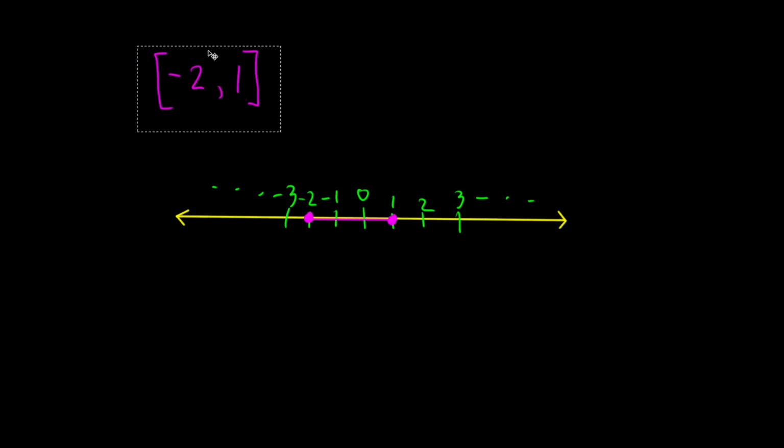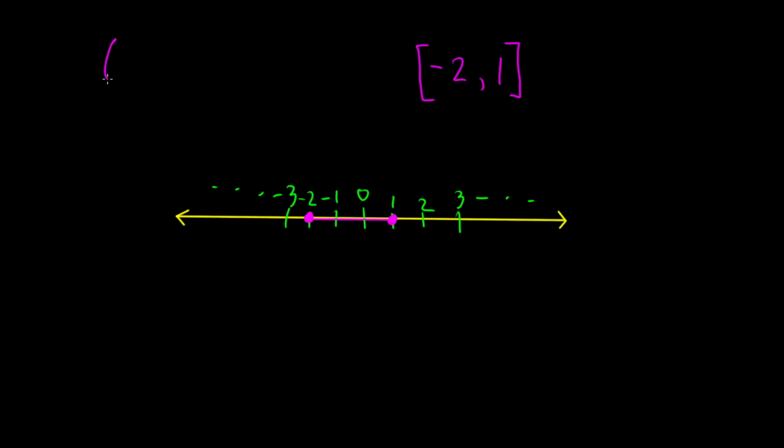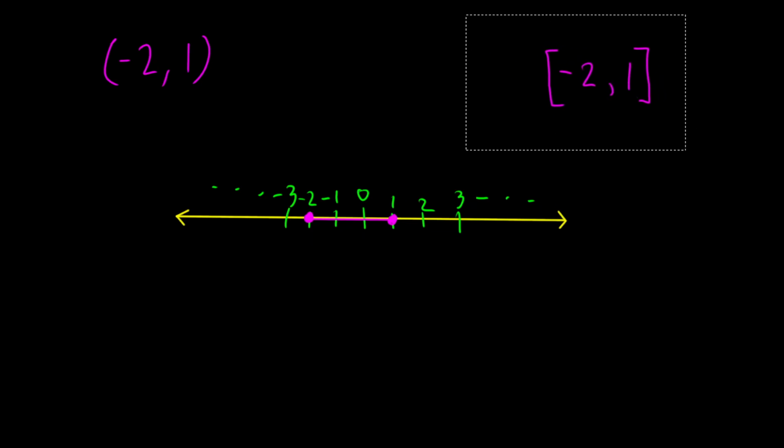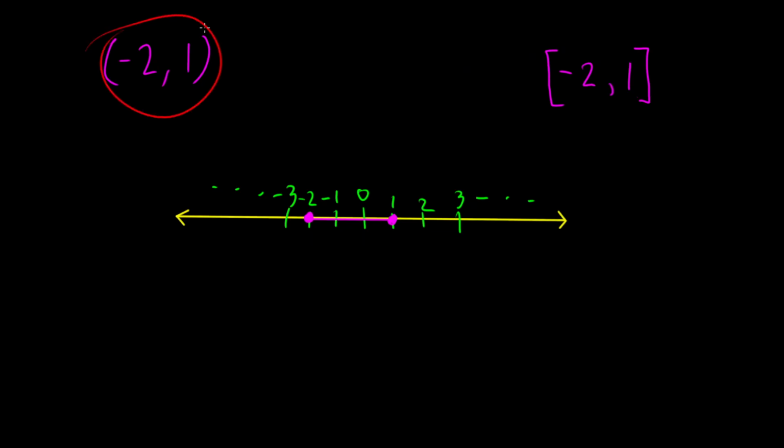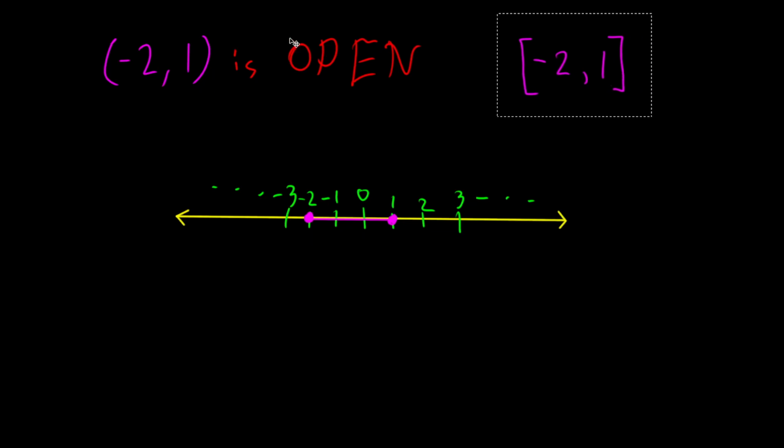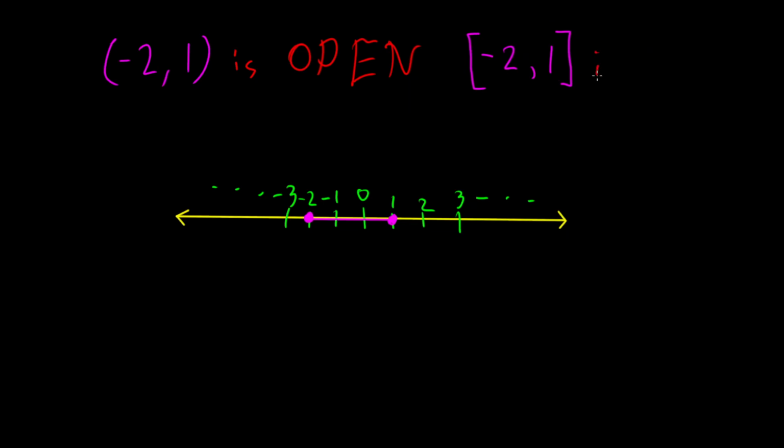So, if we have [-2, 1), very important. This one is open, and the one on the right is closed.